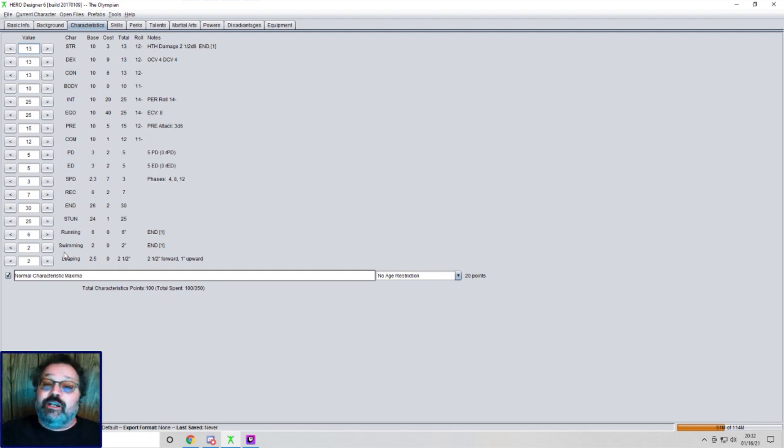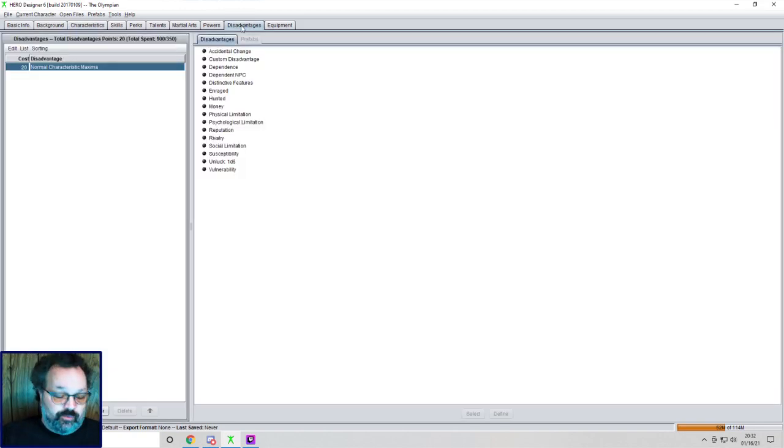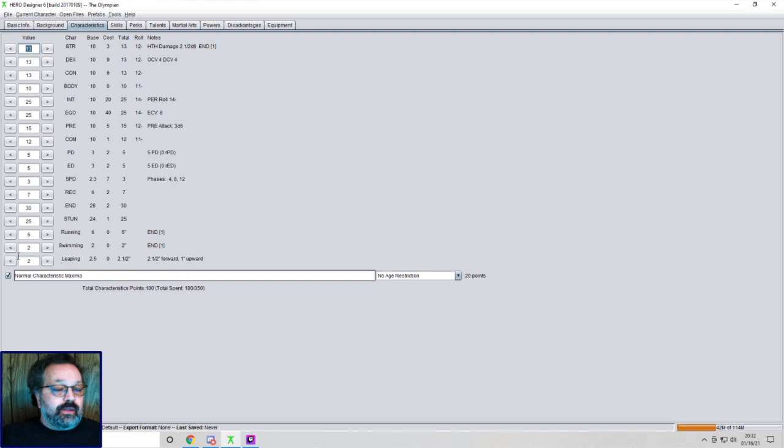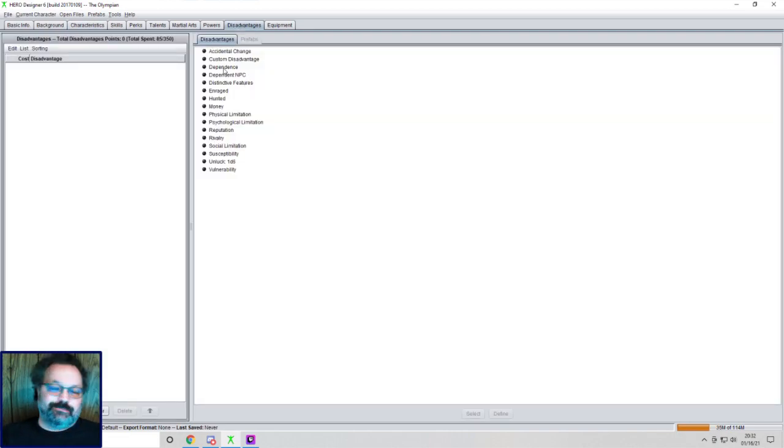So now I'll switch sheets because I've already worked up the Olympian. And so we're going to start out. I always like starting out with disadvantages. Why? Because you have 150 points of disadvantages you can take, but you don't have to take them. So that needs to be kept in mind. You don't have to take these points.